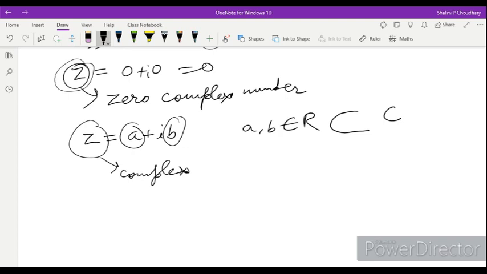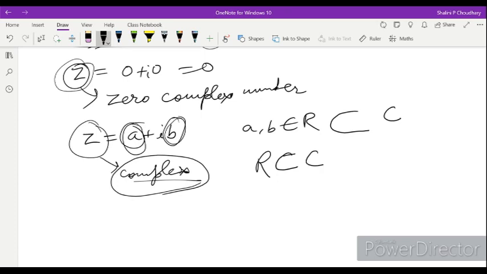It means this Z is a complex number which has both real and imaginary parts. So real numbers are a subset of complex numbers.